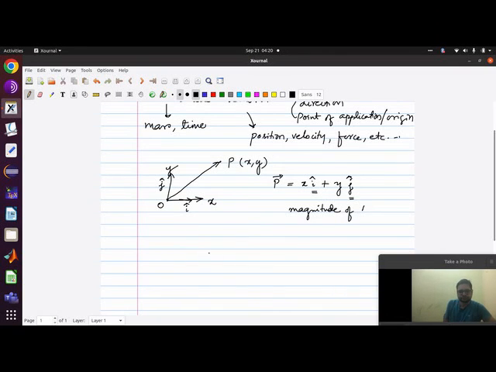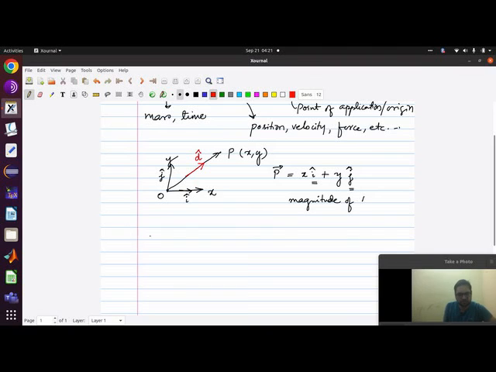Now this vector can also be written as, let's say if you define a unit vector t cap in this way, then your position vector can be written as x i cap plus y j cap, or simply p t cap, where your p is nothing but the square root of x square plus y square.